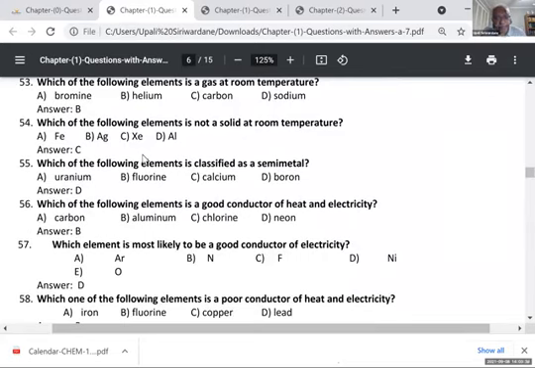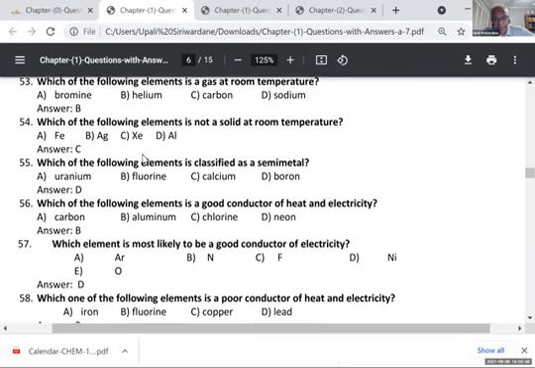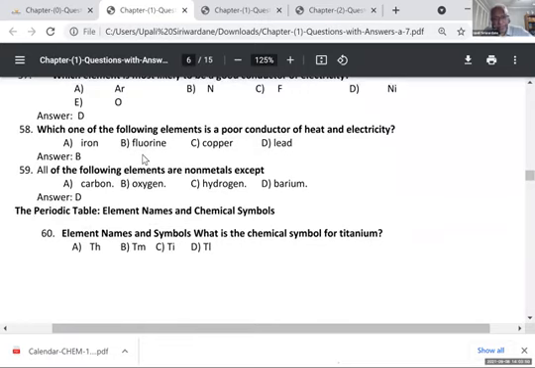Number 57. Which element is most likely to be a good conductor of electricity? Nickel, a metal. Number 59. All of the following elements are non-metals except barium.